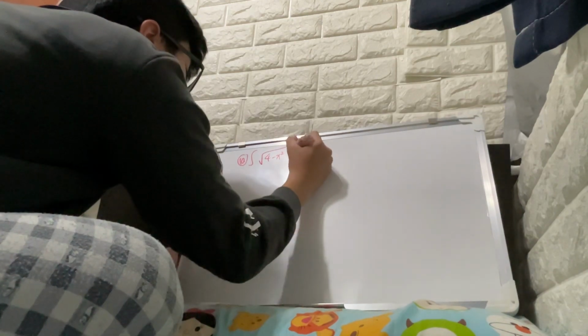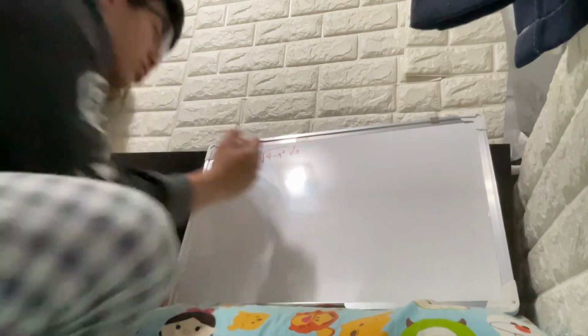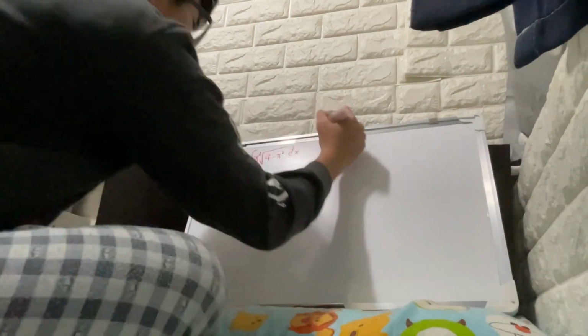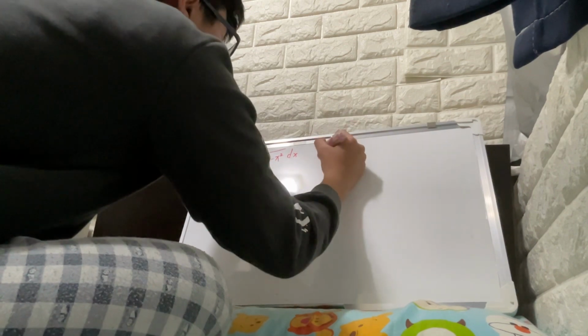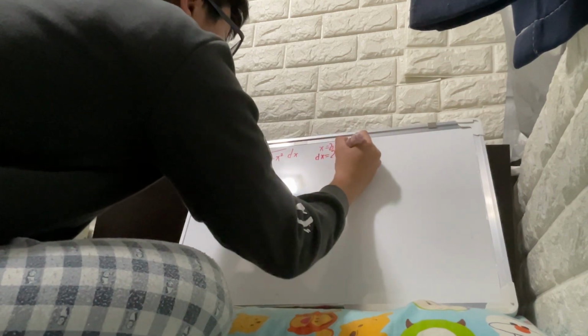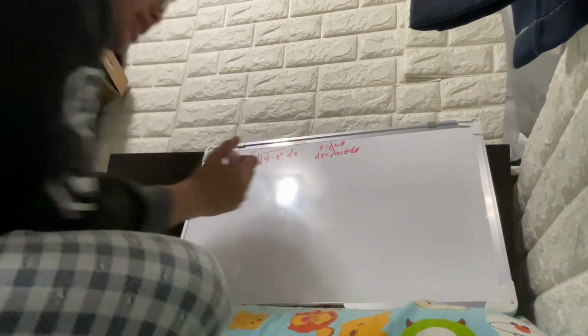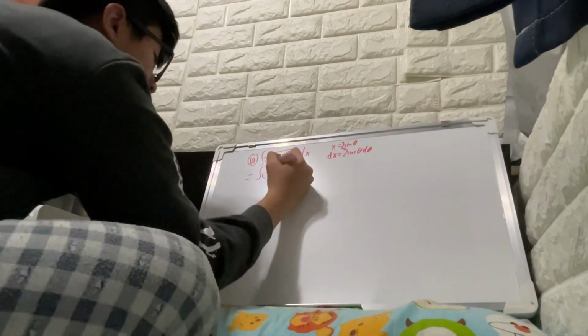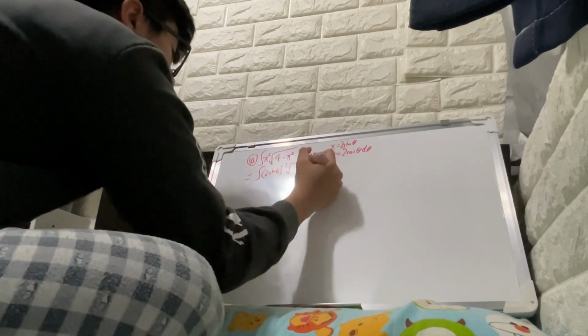the square root of 4 minus x squared, but in front we have an x squared here. So we're going to let x equal 2 sine theta once again, and then dx is equal to 2 cosine theta d theta. So we can replace x with 2 sine theta and square that, and the square root.